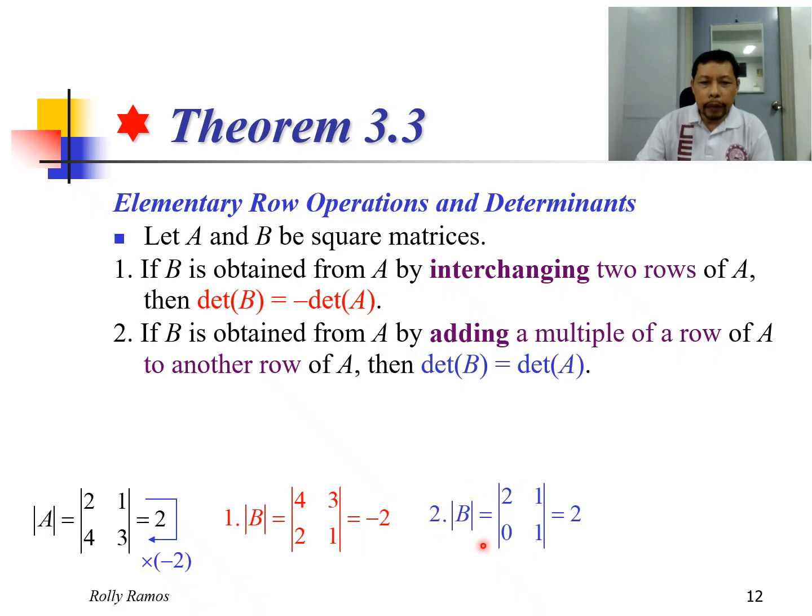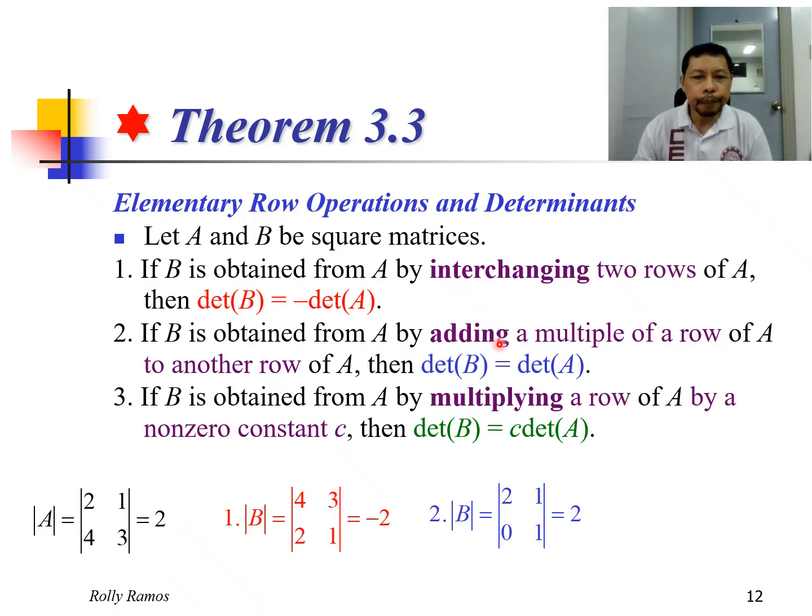So the newly formed matrix, by multiplying row 1 by negative 2 and adding it to row 2, is B, which is equal to 2, 1, 0, 1. Finding the determinant, 2 times 1 minus 0 is 2. So they have the same value. The determinant of the original matrix is the same as the determinant of the newly formed matrix using elementary row operation number 2.